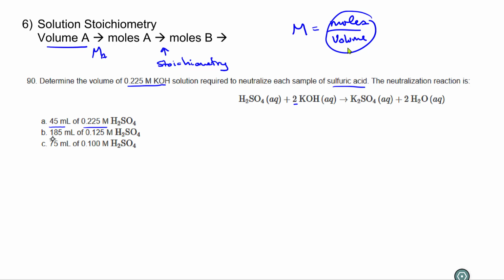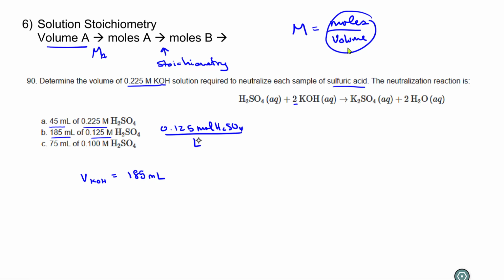So I have a volume again and a molarity. So start with your volume, and also what are you looking for? We're looking for the volume of KOH. And I can calculate the moles of H2SO4. So I say 185, and this is milliliters. And again, write out 0.125 moles of H2SO4 per liter, like that.